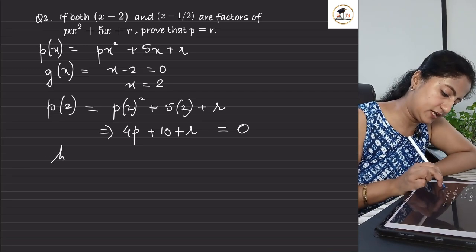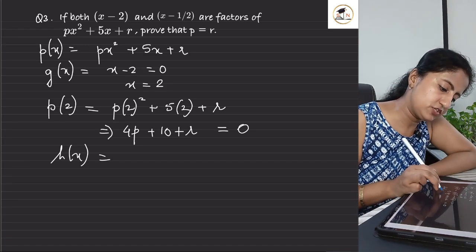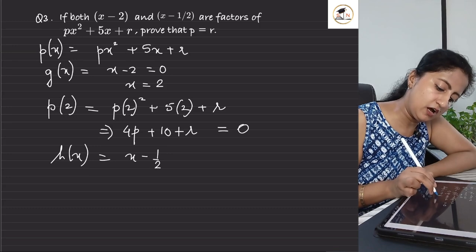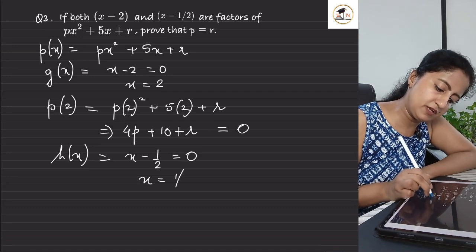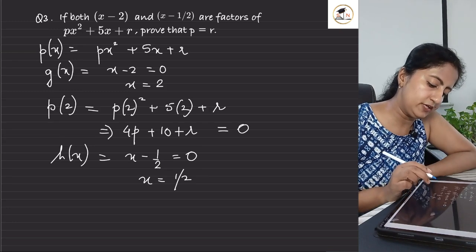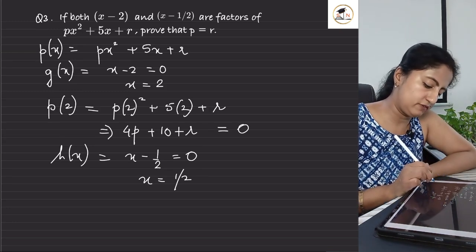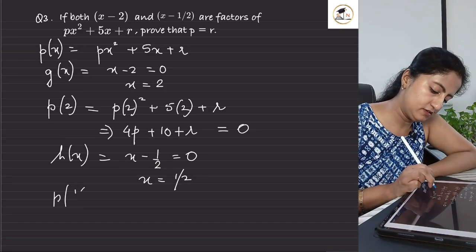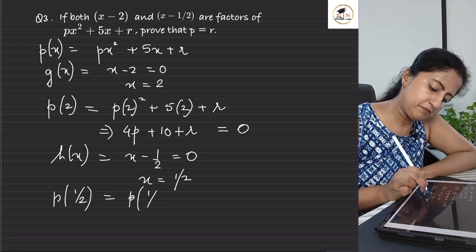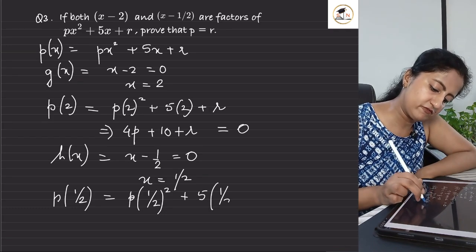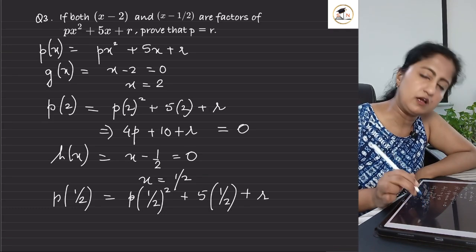Now the second one, hx, which is x minus half. I'll equate that with 0 also, so x comes out to be half. Now what we need to do is substitute the value of half in p. This becomes p times half squared plus 5 times half plus r.